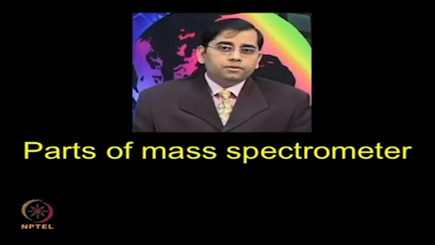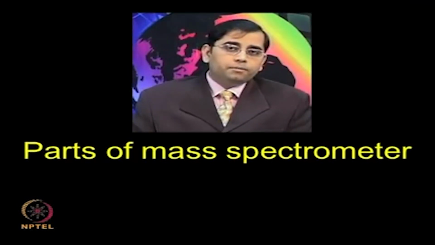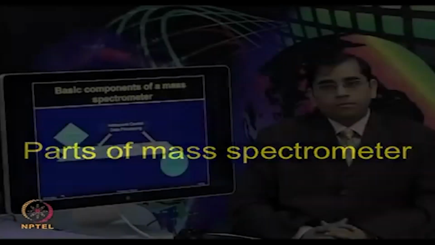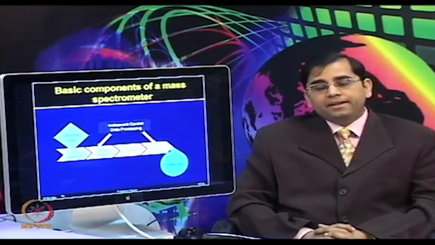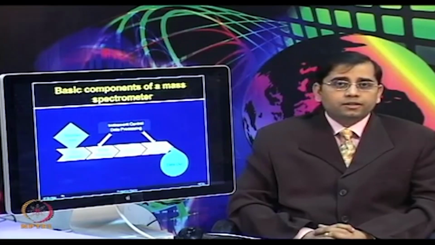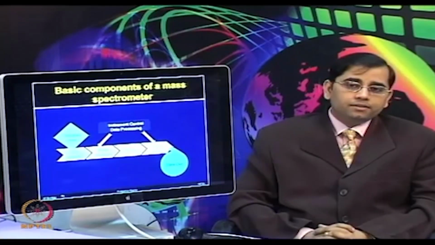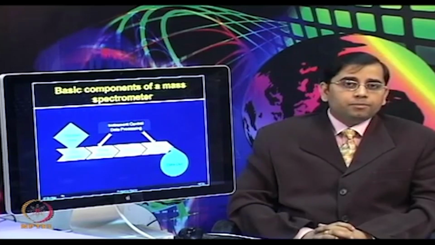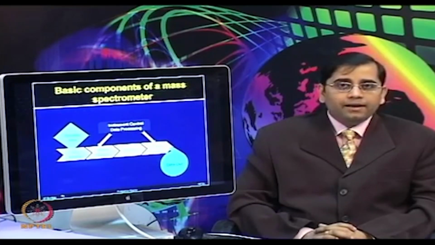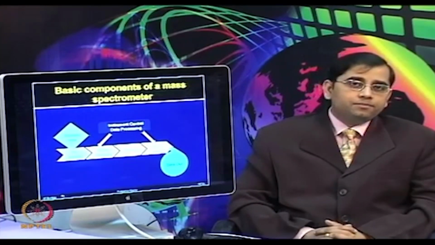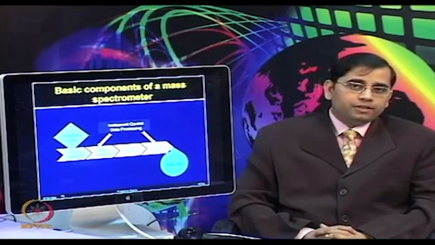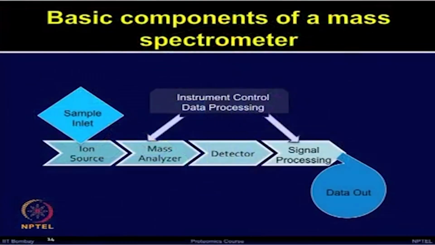Now, let us talk about different parts of the mass spectrometer. The major components include the sample inlet, ion source, mass analyzer, detector, signal processing components and data output. Let us look at each of these components in a little more detail. Sample inlet transfers a sample into the ionization source.